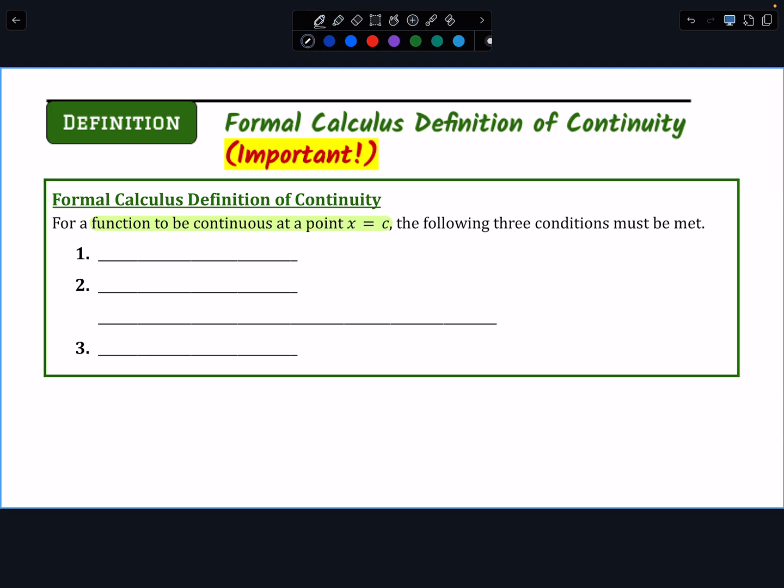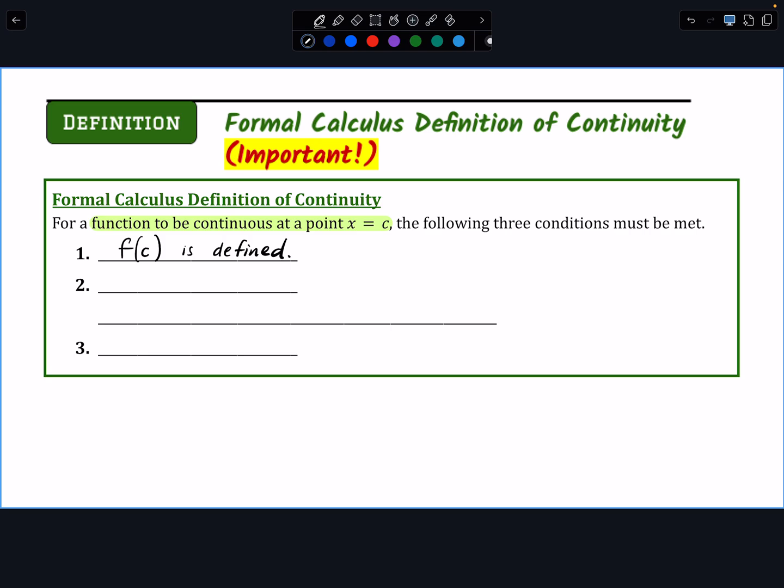First thing is, f of c is defined. If it's not defined, think about it, that means it could be a hole. So there can't be a hole there if it's going to be continuous. Okay?